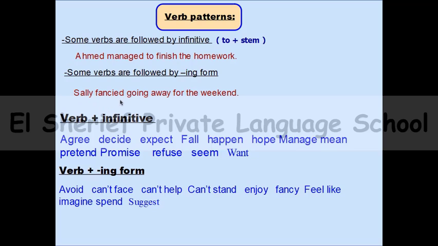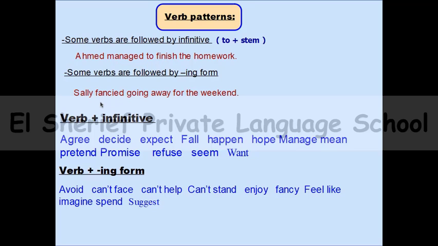Sally fancied going away for the weekend. So here the main verb is managed, and the main verb here is fancied. By the way, we can say that here the verb manage is one of the verbs that must be followed by to plus infinitive.